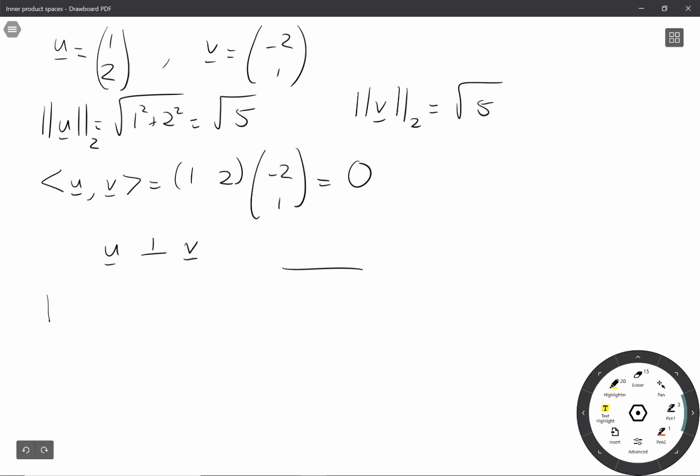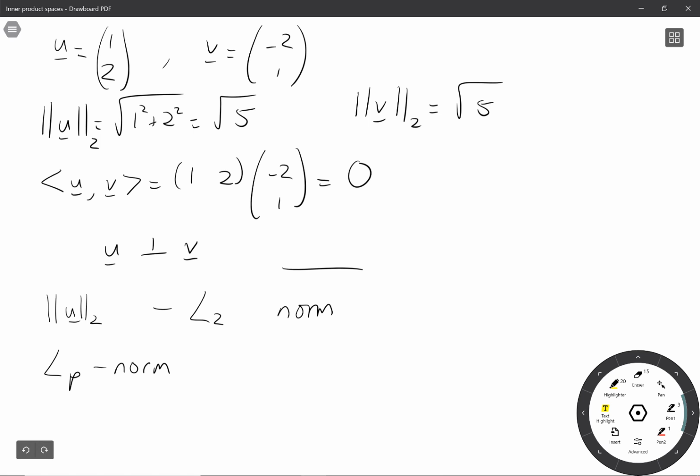Just finally, I mentioned that this is the 2 norm. This is sometimes called the L2 norm or the Euclidean norm. But there's a whole family of Lp norms.